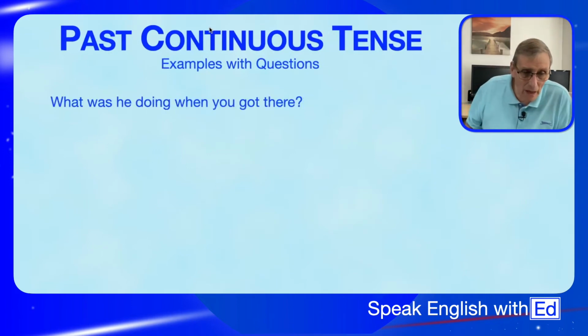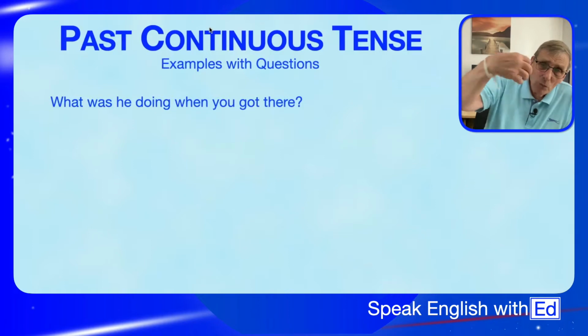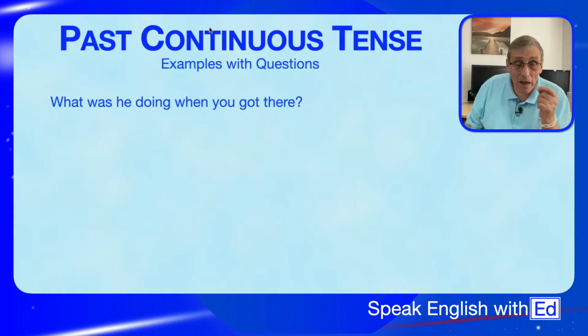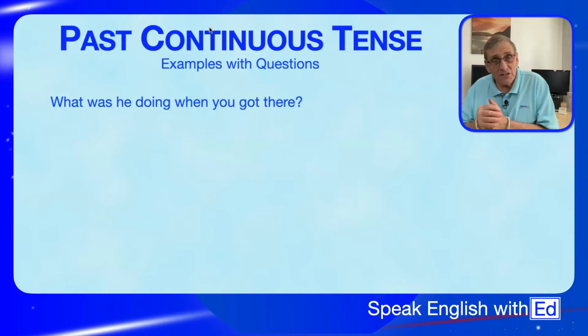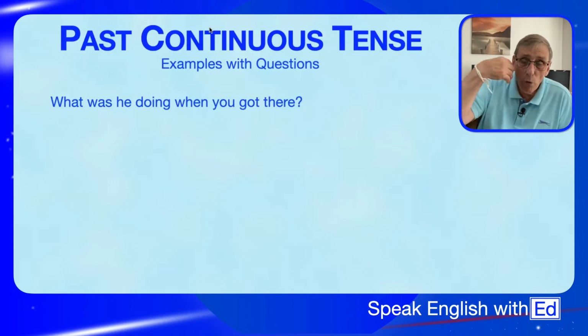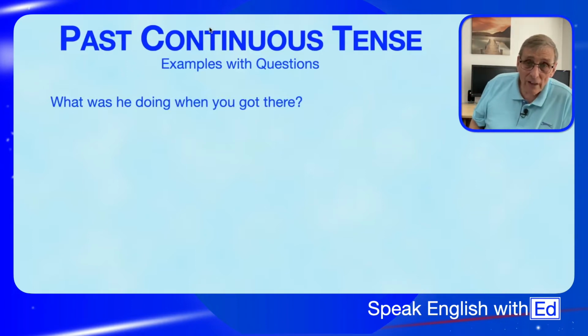Okay, so when would you answer in this way? Well, for instance, you go and visit your uncle and somebody says to you when you come back, well, what was he doing when you got there?